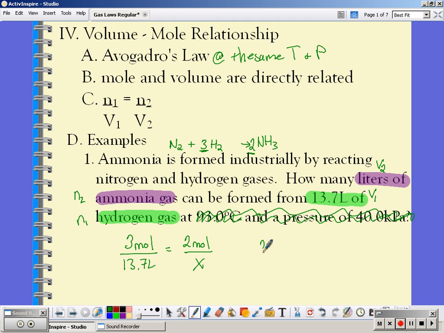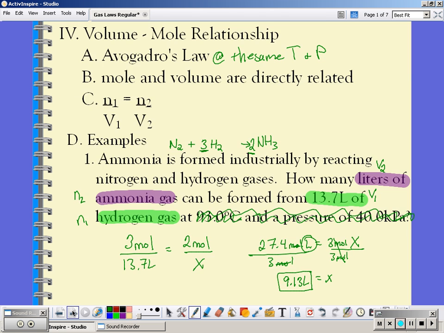So 27.4 moles times liters equals 3 moles X. So X equals 9.13. The moles cancel each other, leaving us with just liters. So 9.13 liters.